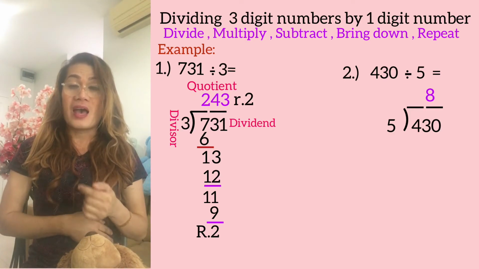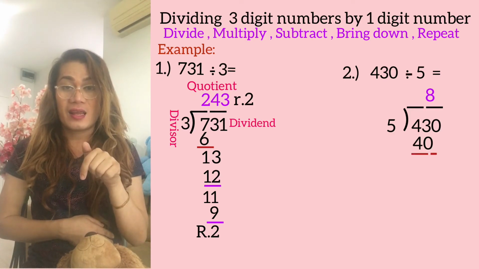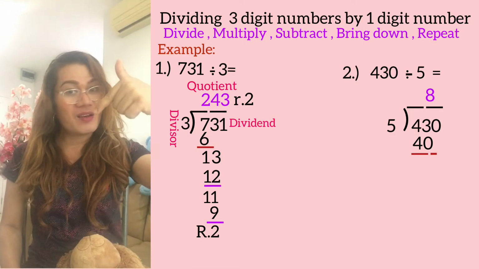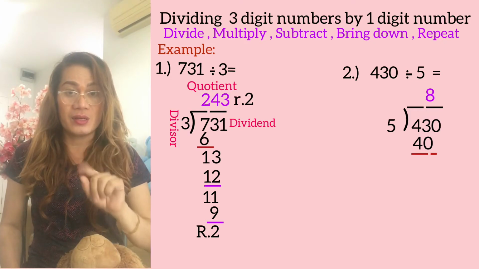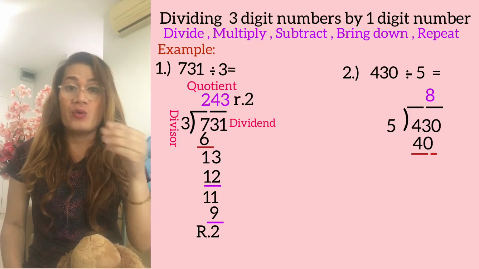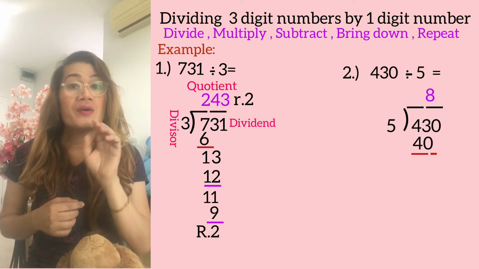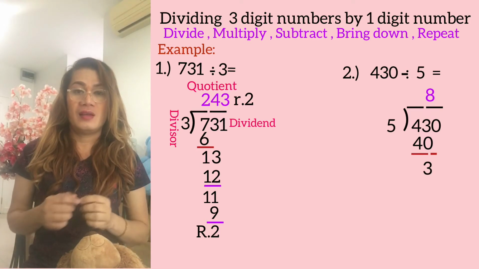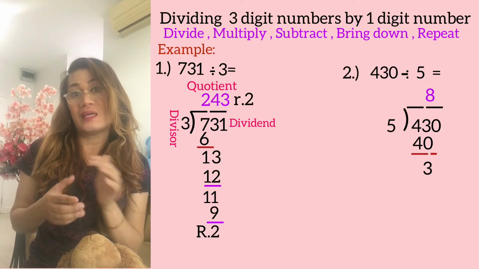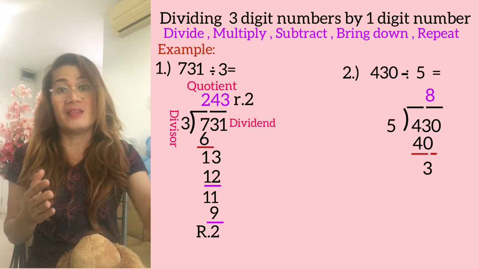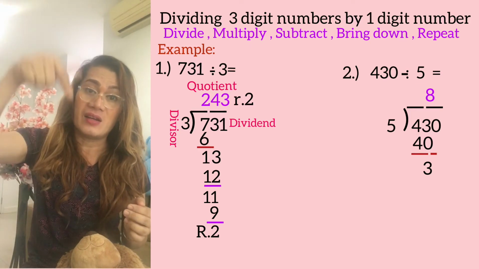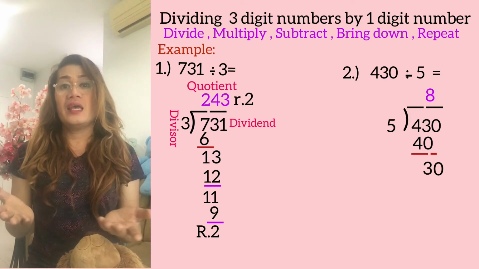So 8 times 5, we have 40. Then we subtract: 43 minus 40 leaves 3. Now we can't divide 3 by our divisor because our divisor is higher than our dividend. So we bring down our 0, and now we have 30.